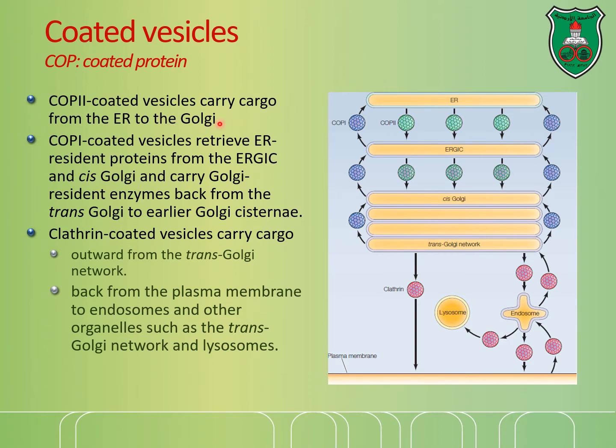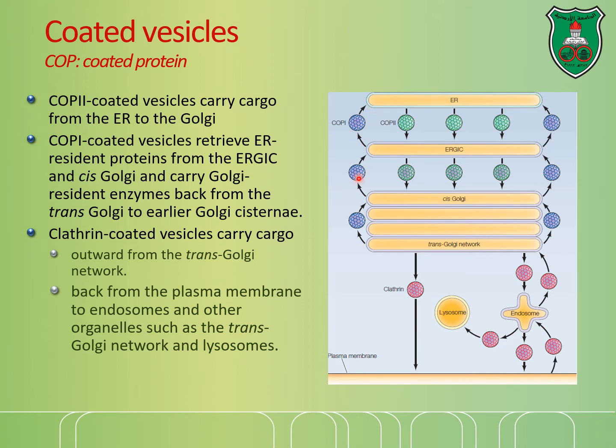These vesicles that are coated with COP2 proteins carry cargo from the ER to the Golgi. On the other hand, vesicles that are coated with COP1 proteins go backward. So they go from the trans-Golgi to the cis-Golgi, from the cis-Golgi to the intermediate compartment, and from the intermediate compartment back to the endoplasmic reticulum.